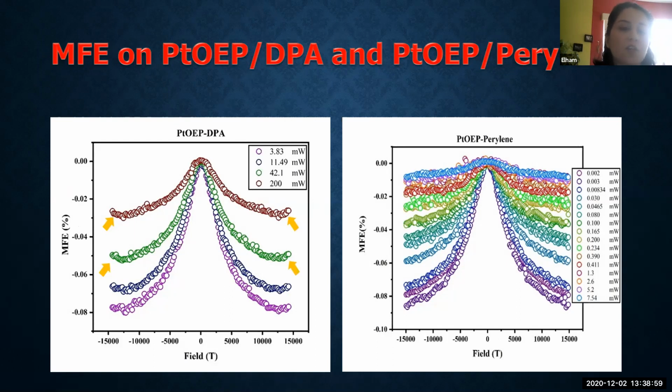Then we used these powers and did the measurement in the magnetic field, and we noticed these results: by increasing the excitation power, we see less change in the PL, and increasing the field has the same influence on our PL, I mean less change in the PL.